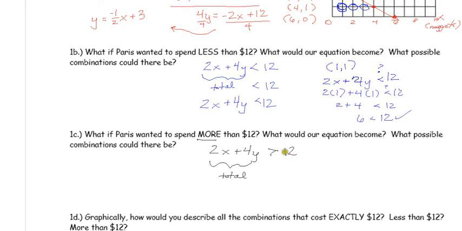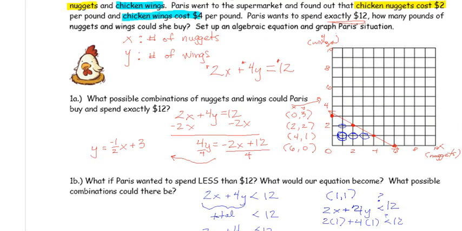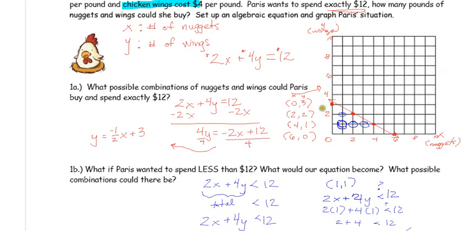And our equation then becomes an inequality. This is important. What happens to our equation? It becomes an inequality. And what possible combinations are there? If I look back up here at the graph, when she wanted to spend less than $12, I was looking at all the points below the line.